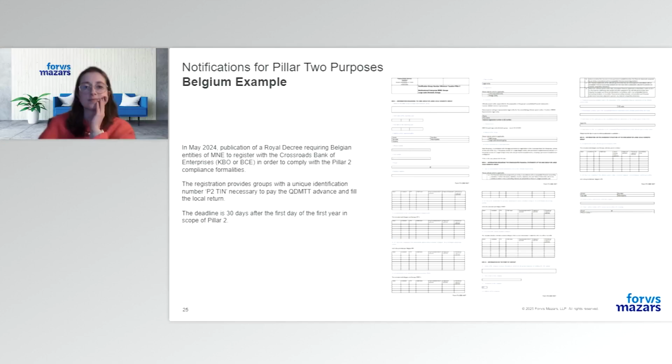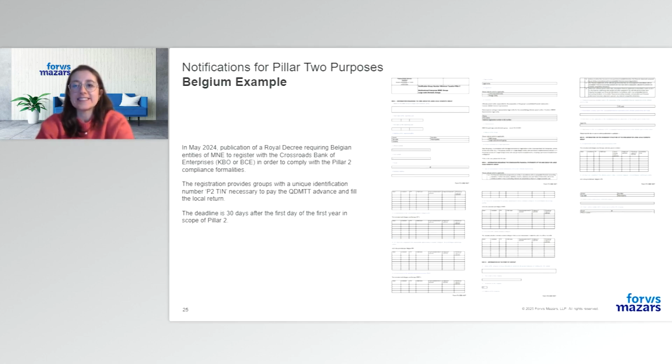It's not as extensive as the Belgium one, but for example, in Germany, it's called the group head notification form, which, by the way, will be due end of February if your financial year corresponds with the calendar year. So keep in mind that for Germany.